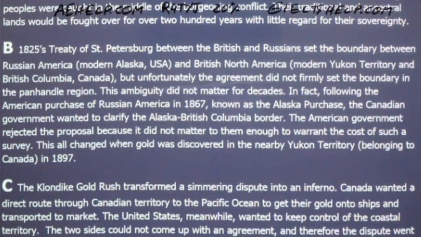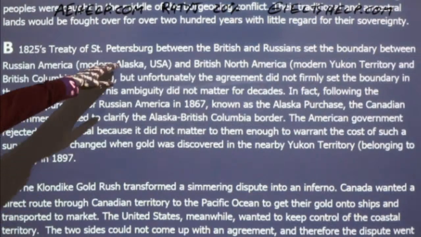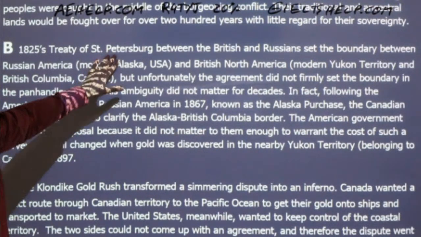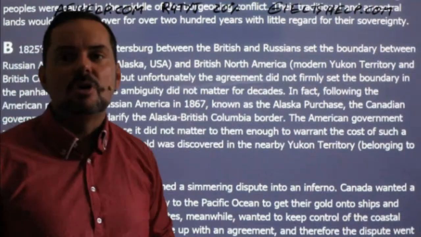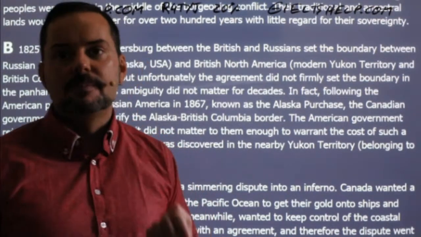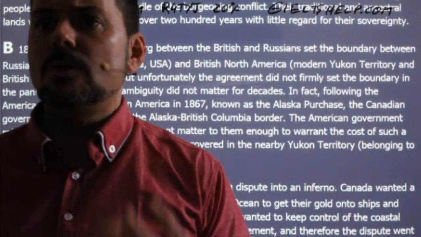Okay, Abhishek says it's the Treaty of St. Petersburg. Definitely it starts with that, Abhishek. Okay, Tito says it's problems related to the treaty. What's the problem? Because it's definitely talking about that problem. Okay, Natalie, very good.